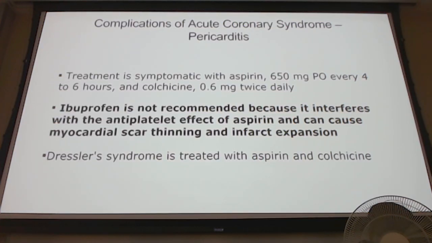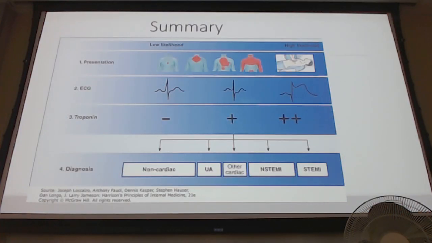Here we want to look at colchicine and aspirin, versus in a younger, healthier patient, we can treat it with an anti-inflammatory like Motrin or ibuprofen. Indomethacin is another one that works great. And then we can add colchicine in a patient without a recent acute coronary syndrome, which we'll talk about in a lecture or two after this.